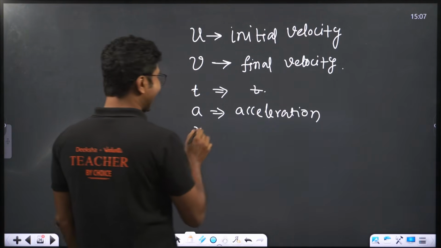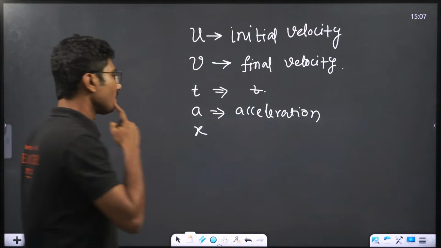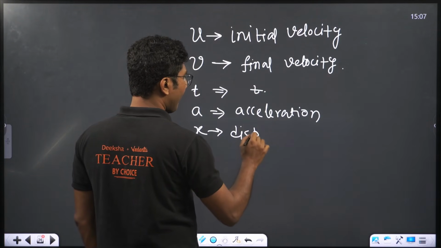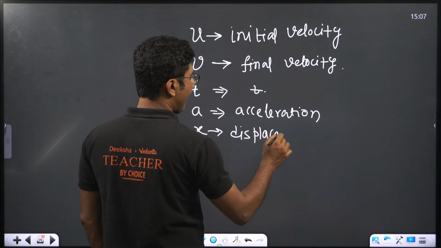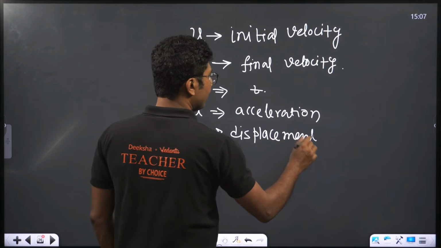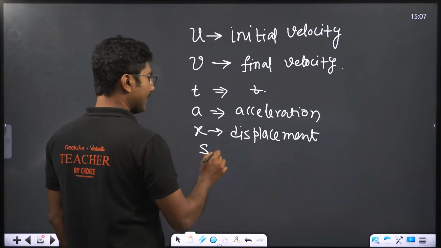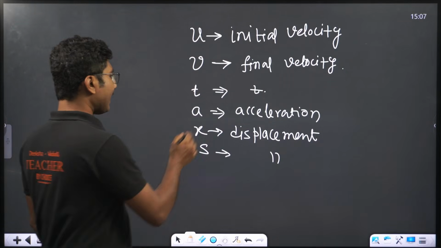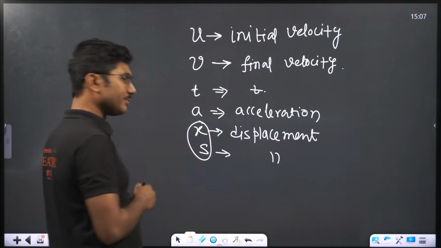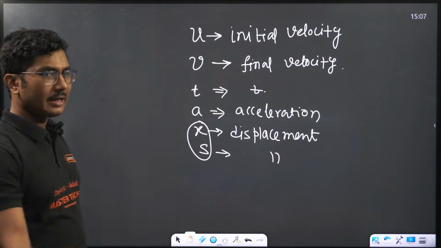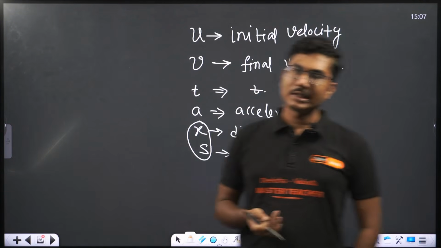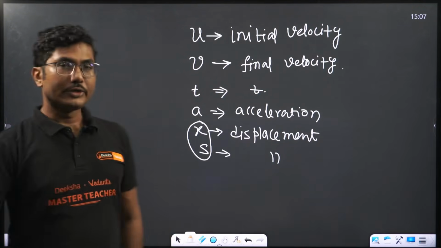We were using x as displacement. We can use this as well, but we will use one more symbol s, which also represents displacement. So s and x, there is no such difference between them, but because we are familiar with certain equations, we will use s when it comes to equations of motion.